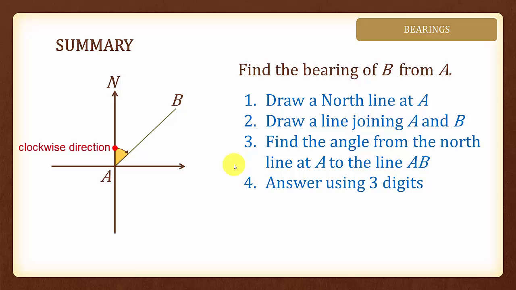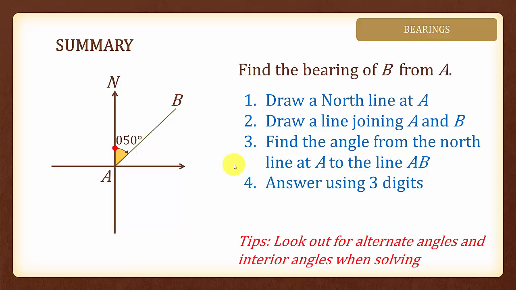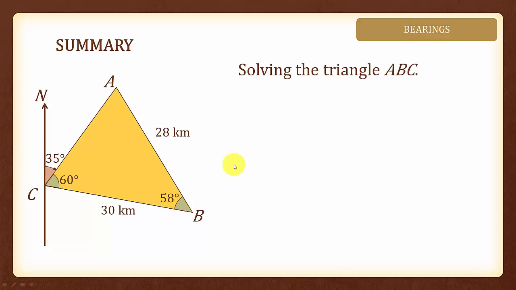Finally, leave the answer using 3 digits, for instance, 050 degrees. And useful tips for solving bearings questions is to look out for alternate angles and interior angles. Finally, do take note that when solving problems involving bearings, you can also use sine rule.